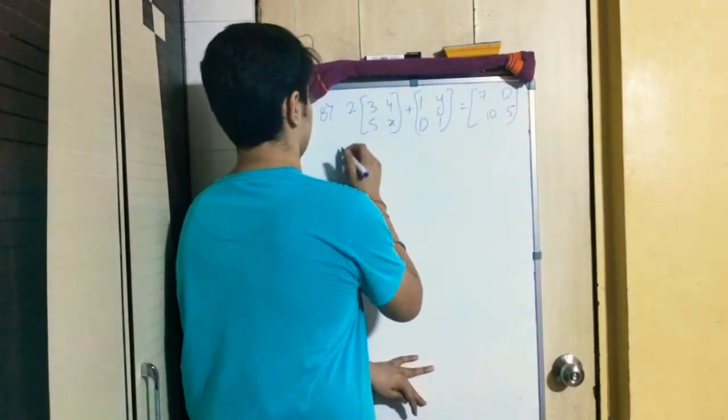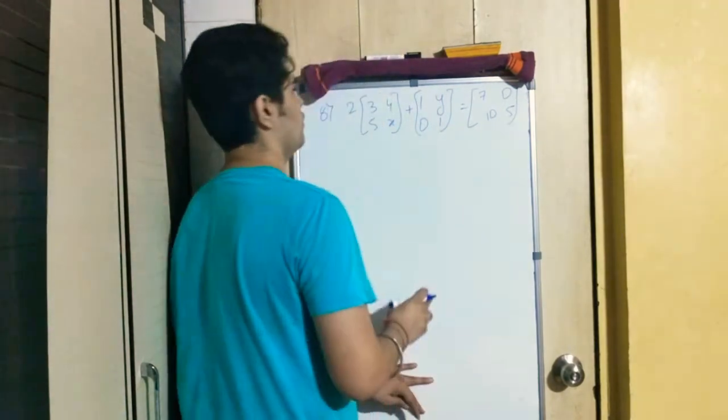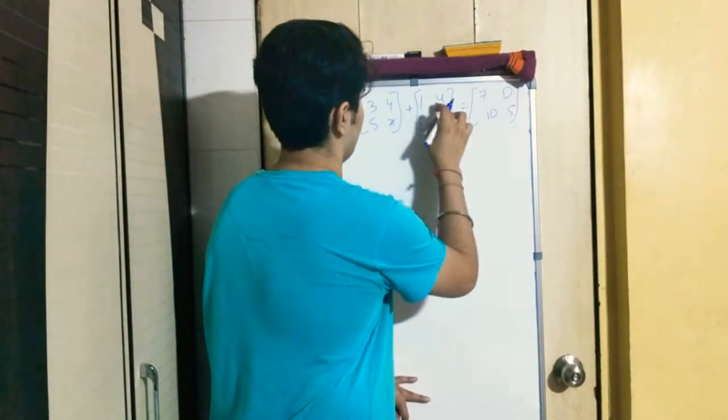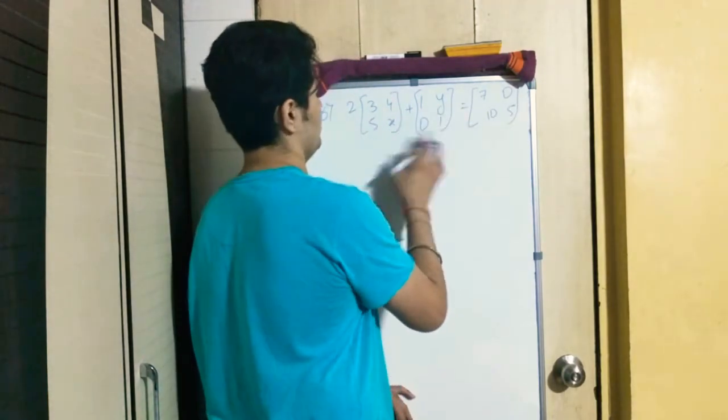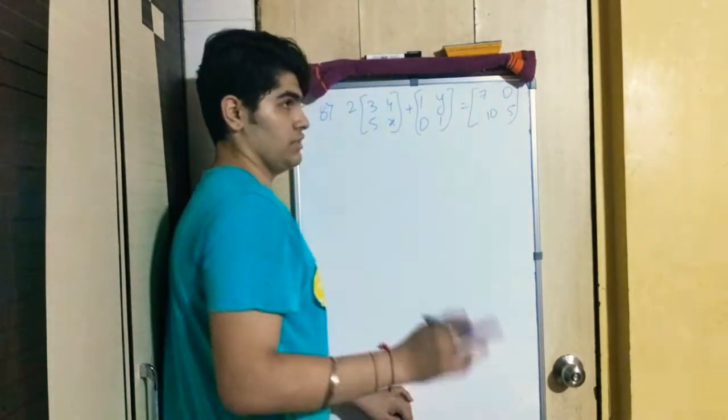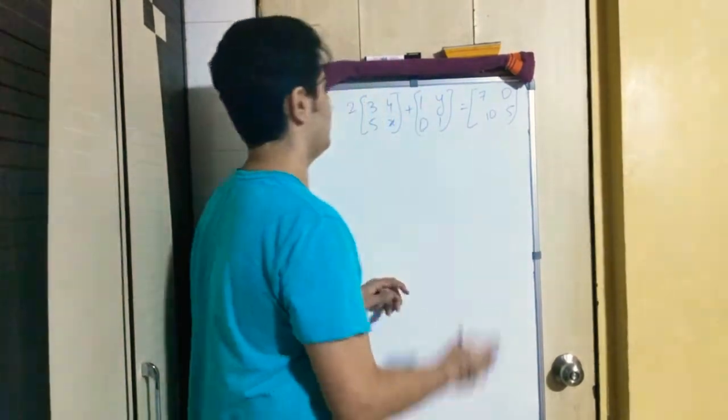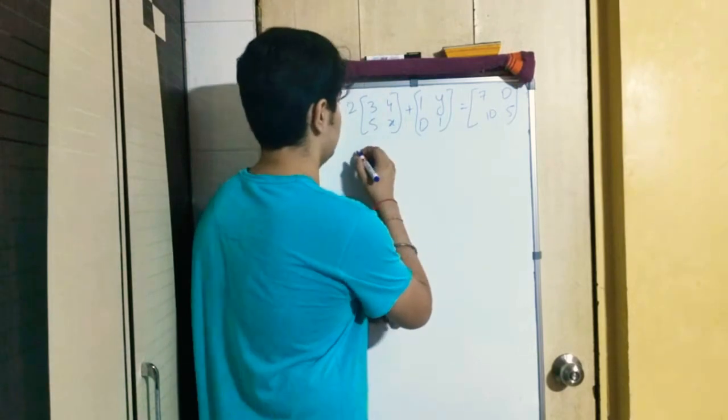So how to solve this? Now from the sum you understood that we have to find the value of X and Y. So first we multiply these, then add, then we equate it. In the first episode of matrices, we have learned how to equate the two matrices.